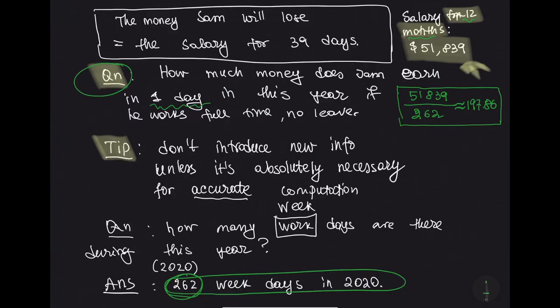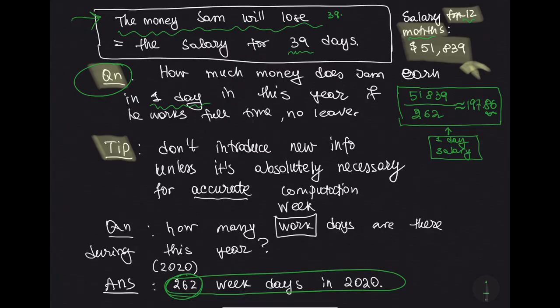So now we should be able to figure out the answer to this question, the amount of money that Sam is going to lose if he takes the 12-week leave, because it's going to be the amount of money that he would make in 39 days. This is going to be 39 times 197.86, but I really like to be precise in these calculations, because the more you round, and I rounded here, the more inaccurate you become at the end of the day.